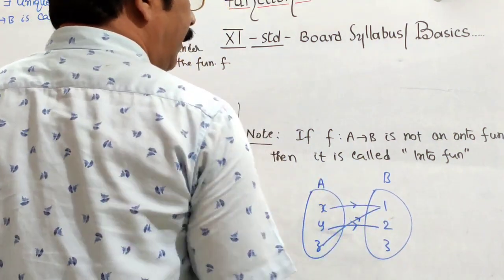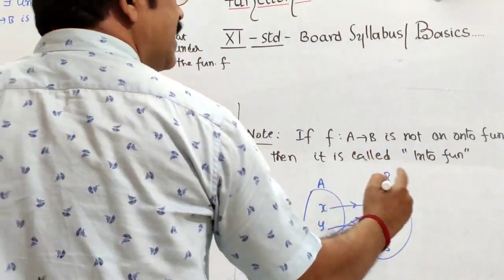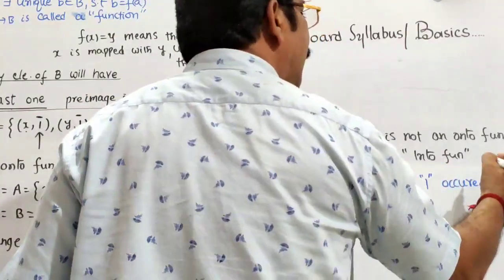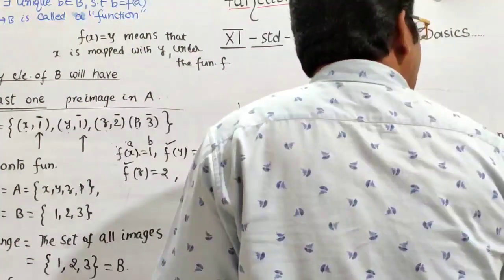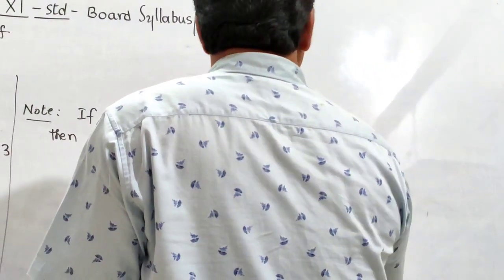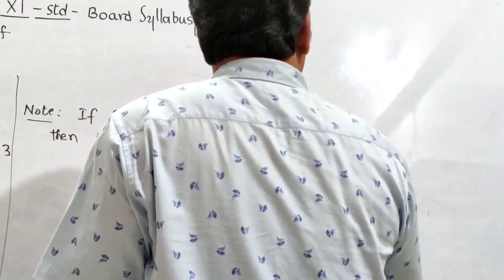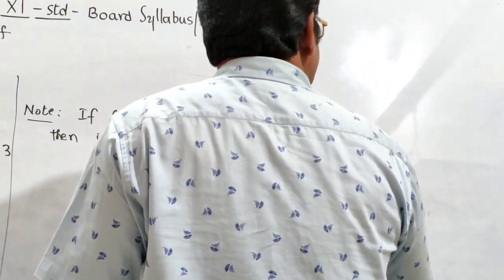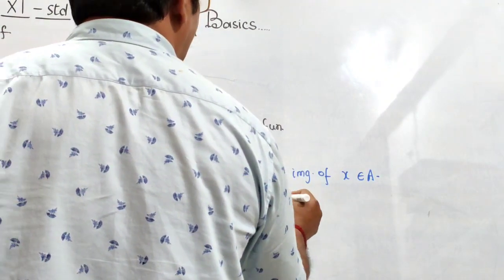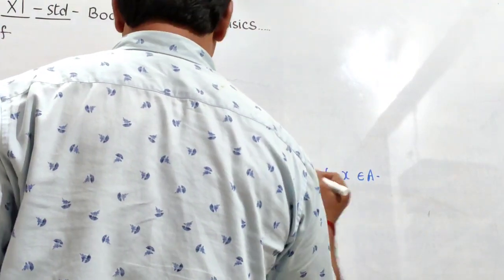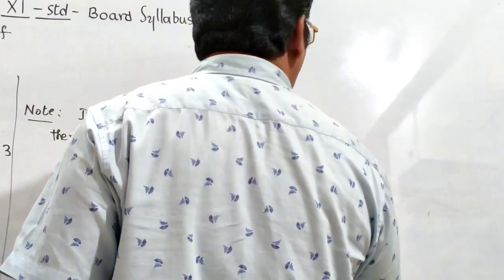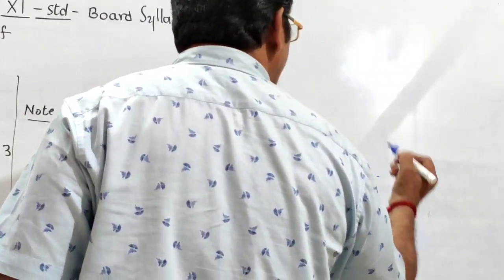So 1 occurred as the image of X, that is X belongs to capital A. Next, 2 occurred as the image of Y, that is Y belongs to capital A.